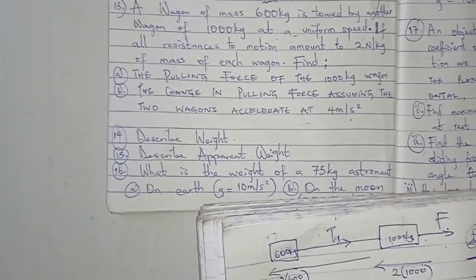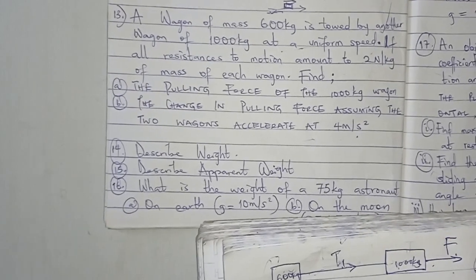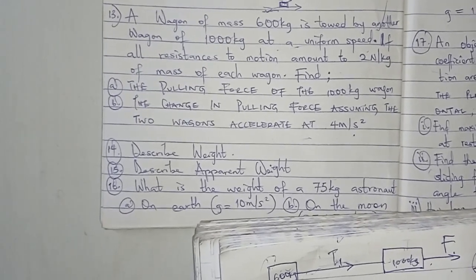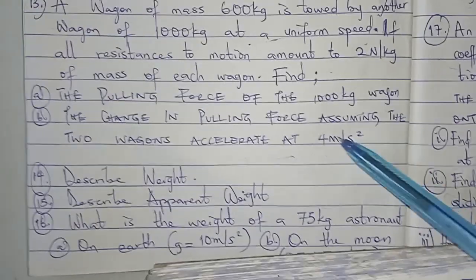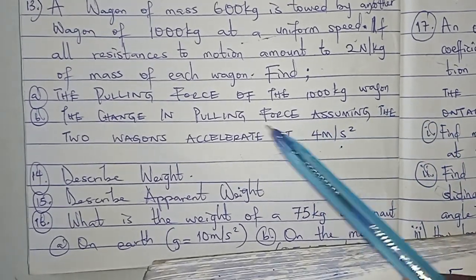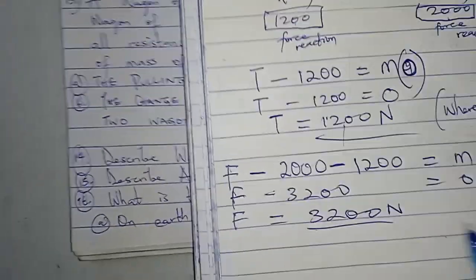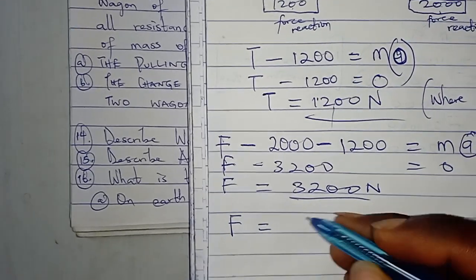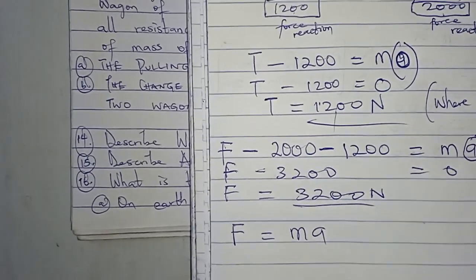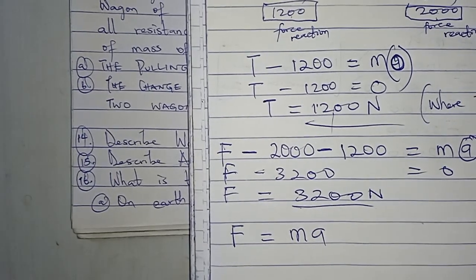So it's no longer uniform velocity, but now they said the change in pulling force, assuming the two wagons accelerate at 4 meters per second square. All right, remember that in that case, pulling force will be equal to MA. Are you seeing it? Pulling force will be equal to MA.